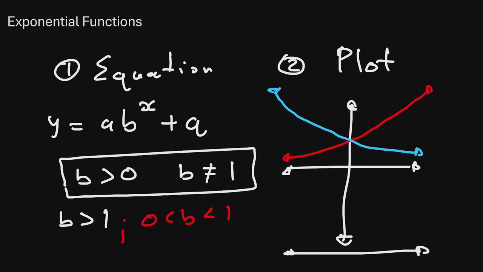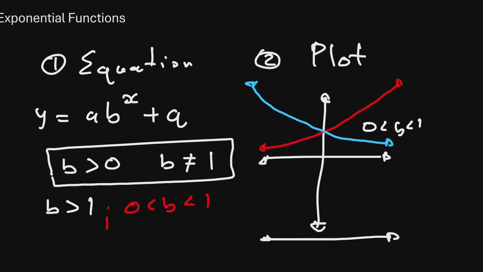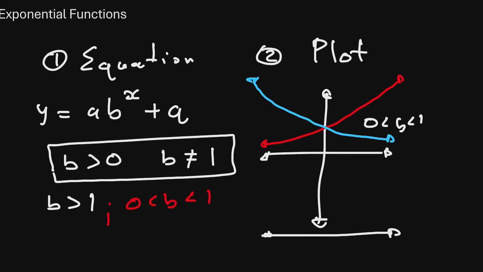The blue line here represents a decreasing function, which we get if b is between 0 and 1. And this red function represents an increasing function, which we only get if b is greater than 1.